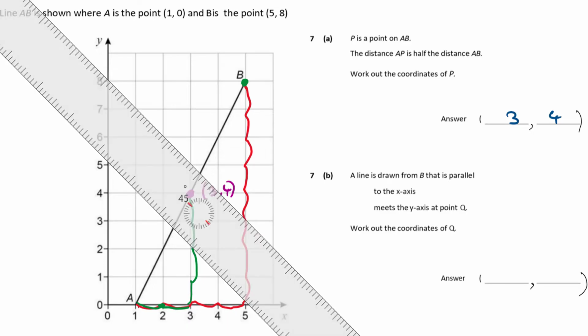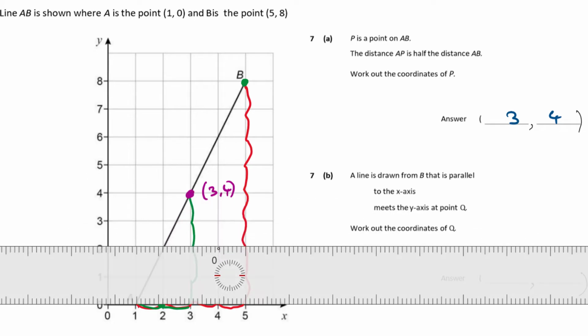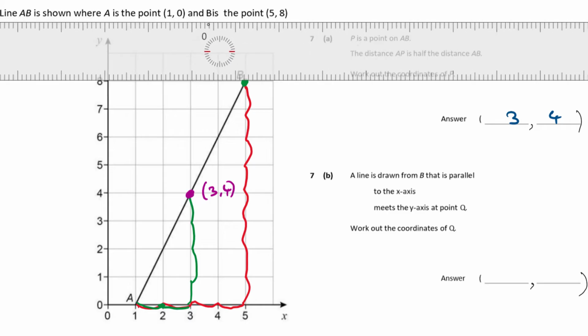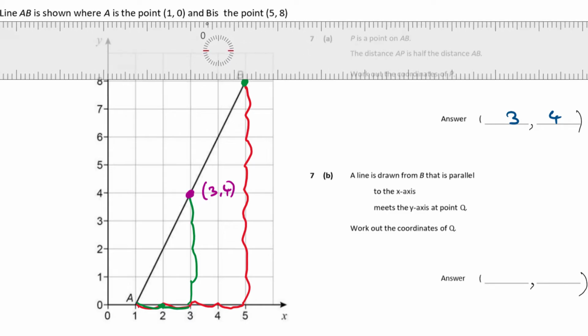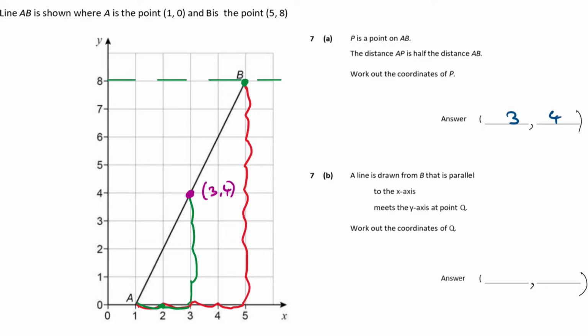Okay, well, the x-axis is this line down here, so it's got to be parallel to that line there and passing through B. So it's going to be, running out of colours, let's just go green again. I'll do it dotty. Okay, so yeah, there's my line parallel to the x-axis running through B.